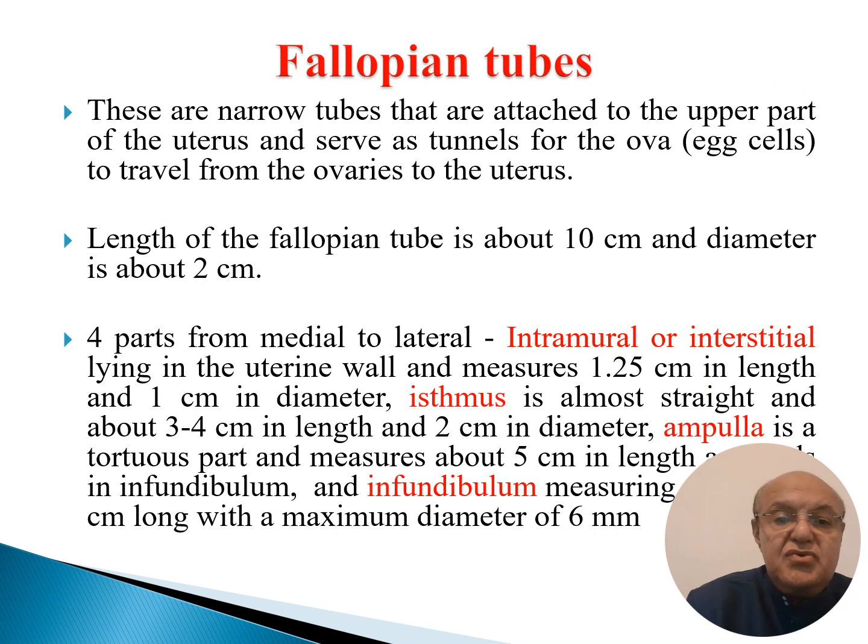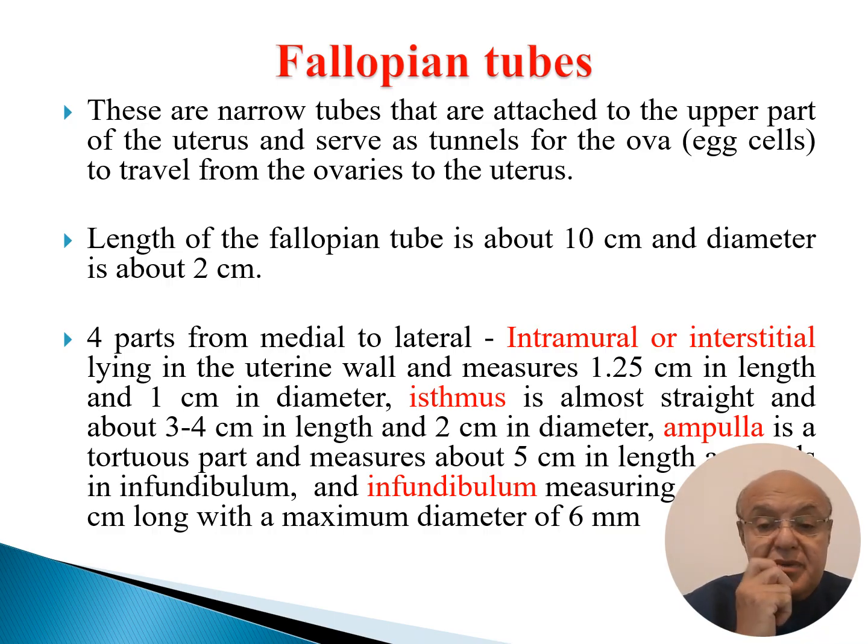The fallopian tube is a tube from the ovary, and if you do laparoscopy at the time of ovulation, you will see the fimbrial part of the tube like fingers holding the ovary to get the egg from the ovary into the fallopian tube.